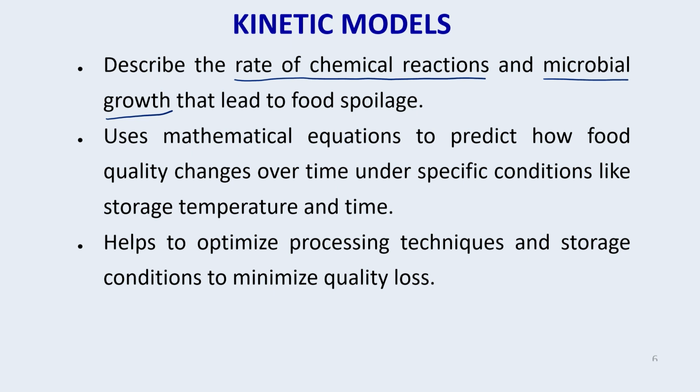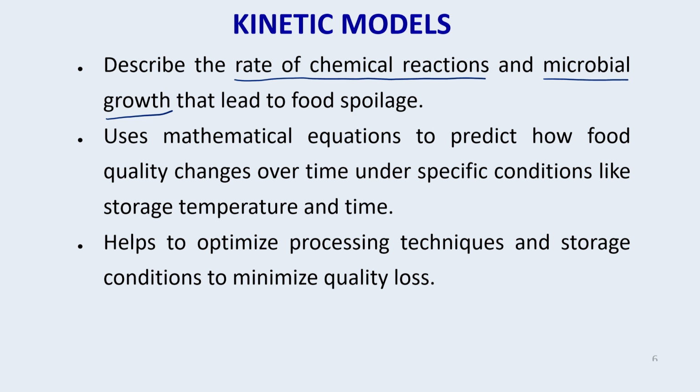Primarily, these models are a set of mathematical equations or empirical relations, as I have mentioned before, to predict how food quality changes over time, whether the quality of the food product gets affected in 10 days or 15 days or 6 months, depending upon the nature of the food product.